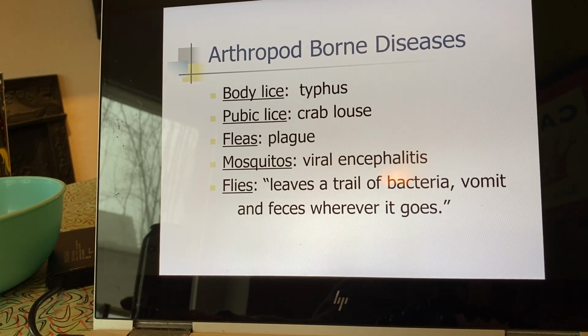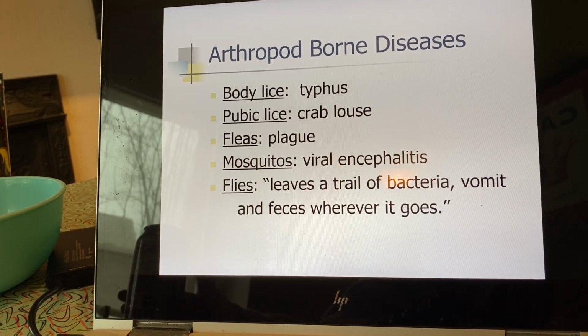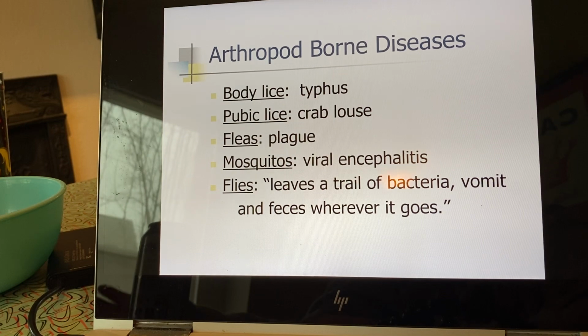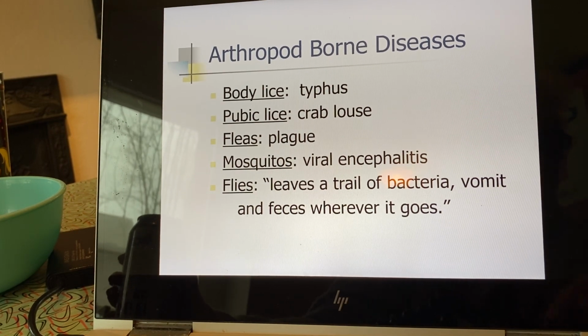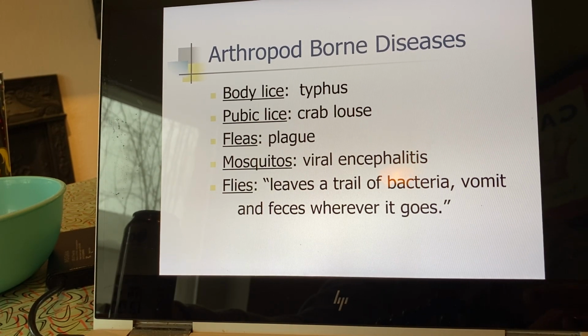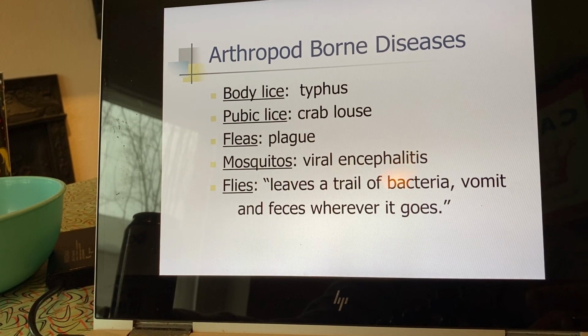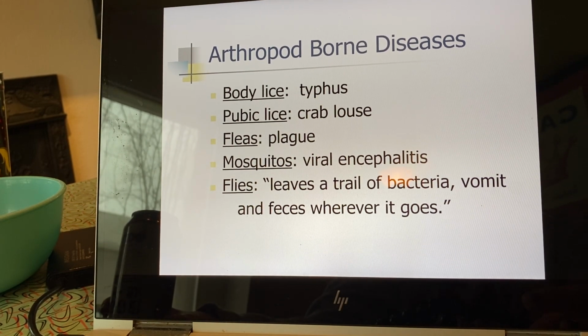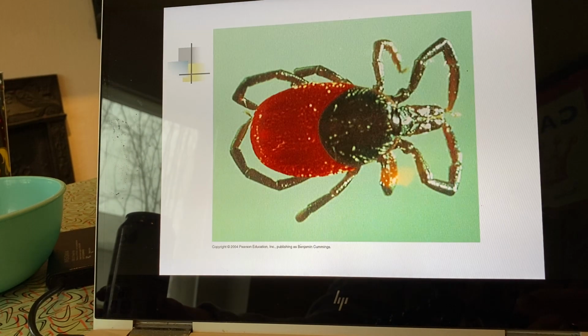This is from one of your previous textbooks. Flies leave a trail of bacteria, vomit, and feces wherever they go. Wow, lovely. So you can kill houseflies, and I swear to God, it's not going to dent your karma. Flies really don't have a purpose, except their maggots can be very useful forensically, but other than that, they just basically barf and poop on everything and carry viruses and bacteria.